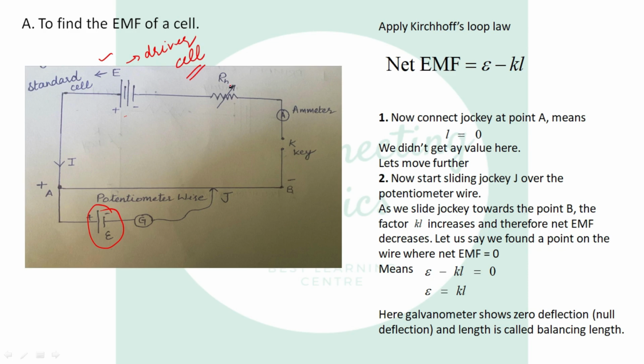With the primary circuit at point A, we attach the cell whose EMF is to be calculated, and this is called the experimental cell.